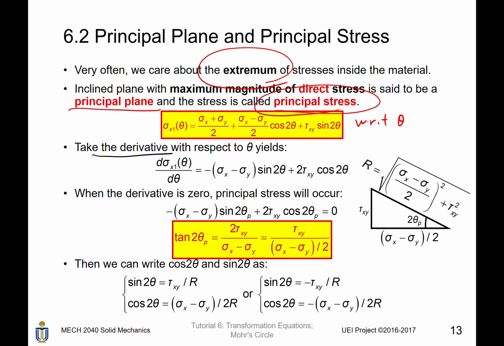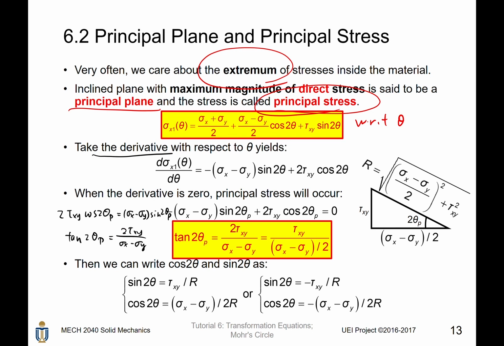Then this equation will become this. Solving this equation, we have 2 tau xy cosine 2 theta p equals sigma x minus sigma y sine 2 theta p. Then we have tangent 2 theta p equals 2 tau xy divided by sigma x minus sigma y.